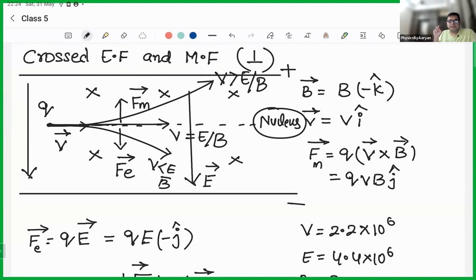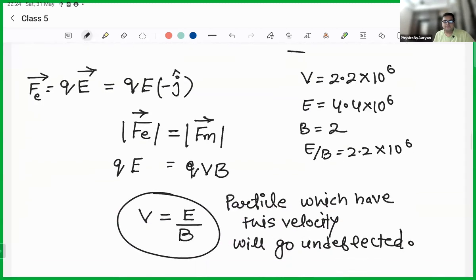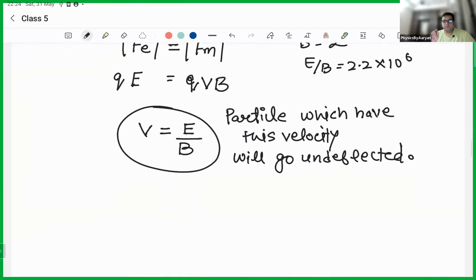Only one kind of velocity will hit the nucleus, that is V equals to E by B. That's all, nothing else. And that is how we achieve a velocity selector. So now only one particular velocity is coming and hitting the nucleus, and that is V equals to E by B. No other velocity is hitting the nucleus.